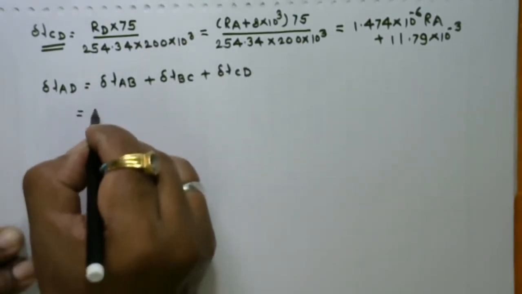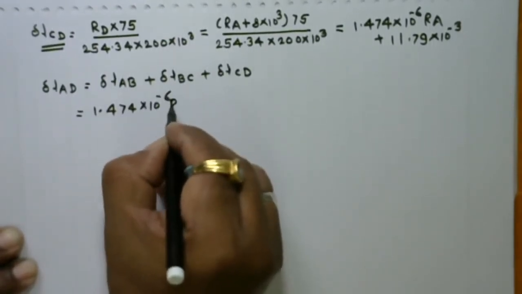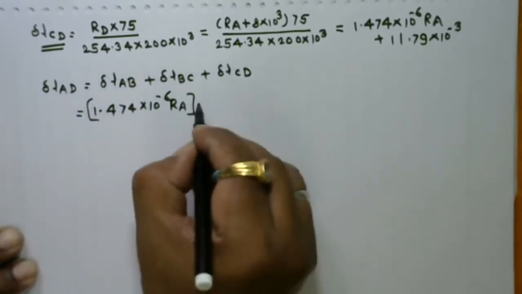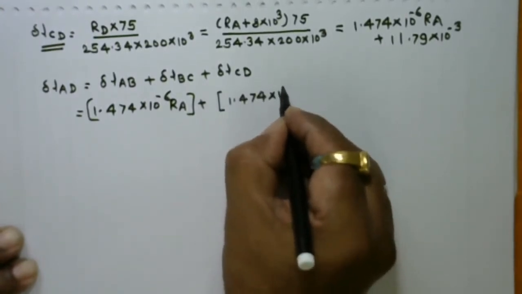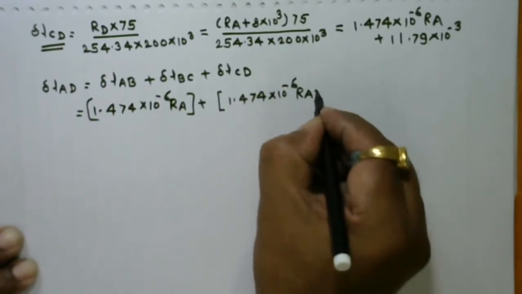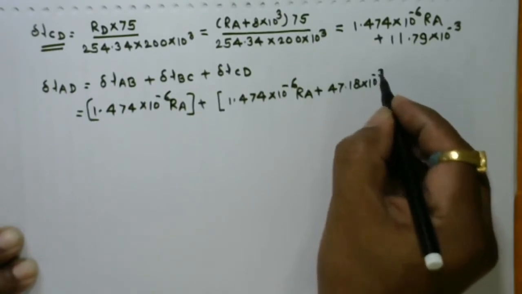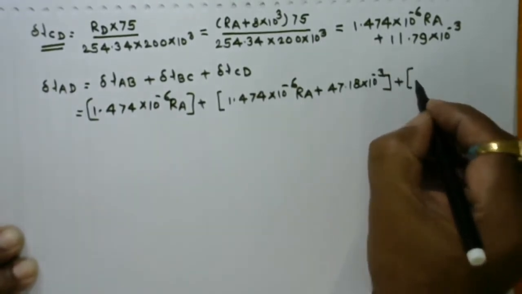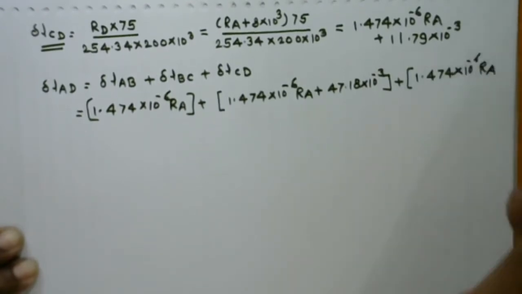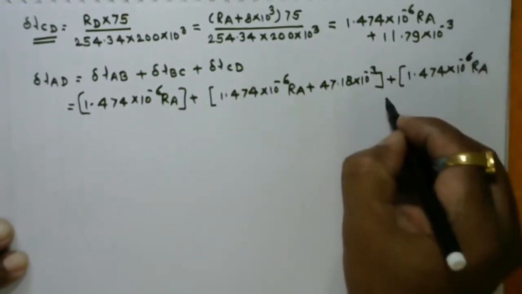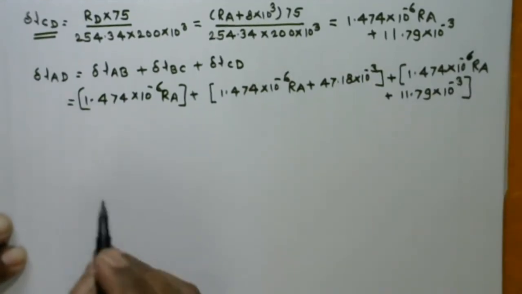Put all these values. 1.474 into 10 raised to minus 6 RA plus again 1.474 into 10 raised to minus 6 RA plus 47.18 into 10 raised to minus 3 plus 1.474 into 10 raised to minus 6 RA plus 11.79 into 10 raised to minus 3.